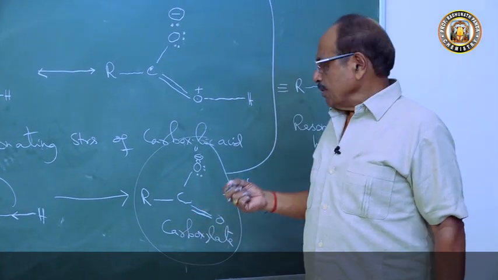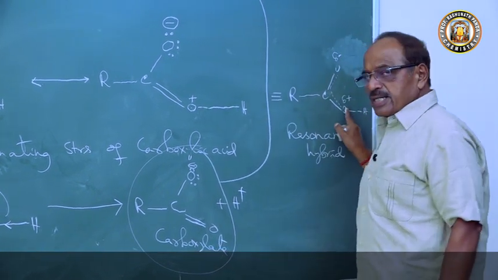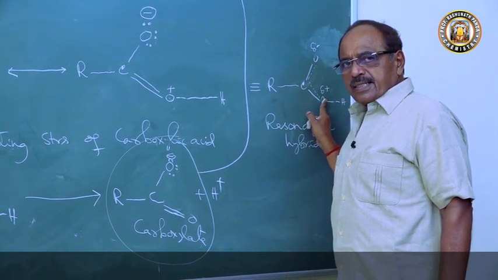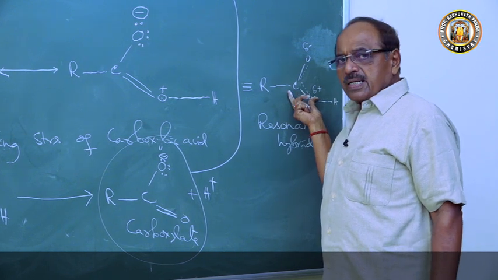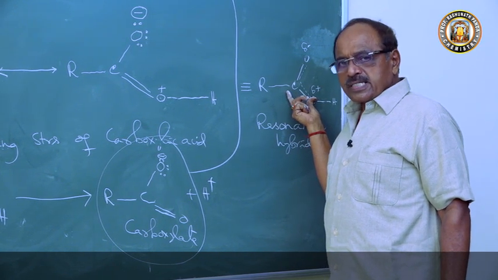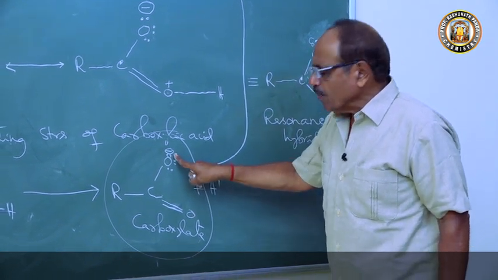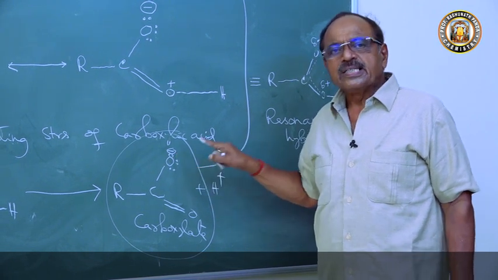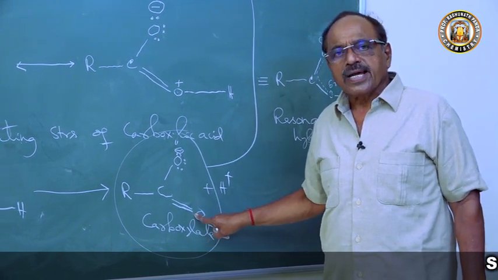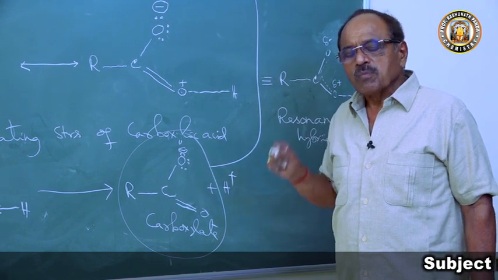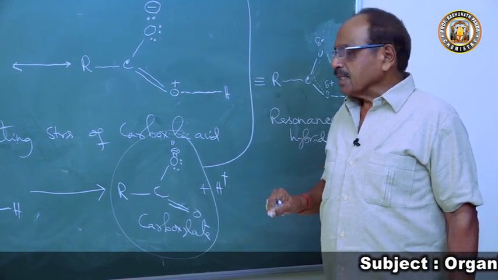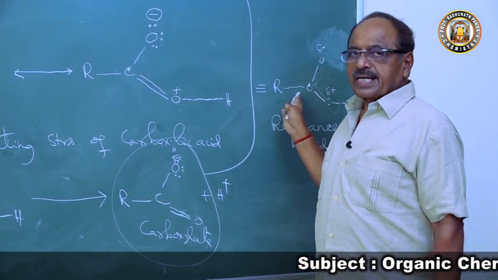Here, in the acid, is a negative charge and a positive charge. Two charges are there. So this is unstable. Charge separation is unstable. Here is no charge separation, only one negative charge. So I mean to say here the carboxylate ion is more stable than the carboxylic acid.